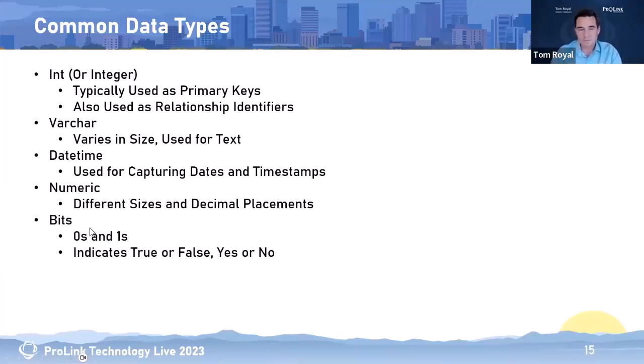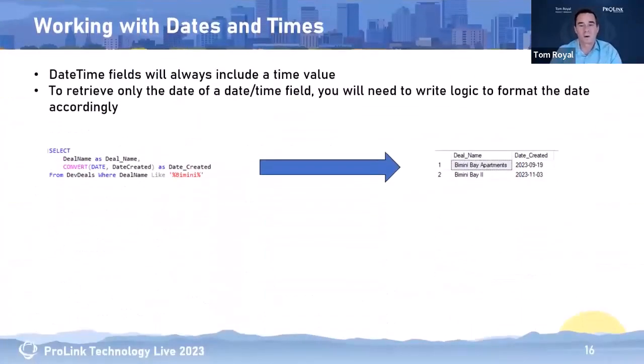Okay, so working with dates and times, these are going to be some helpful little tips as you're putting things together. There might be little bits of code that are going to help you return that data back in a way that's going to be useful for your custom data views or your reports. For example, date time fields will always include a time value.